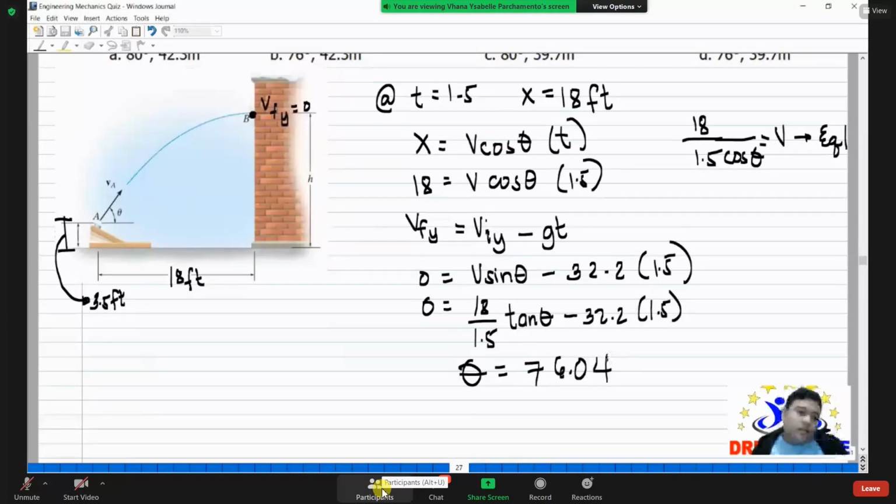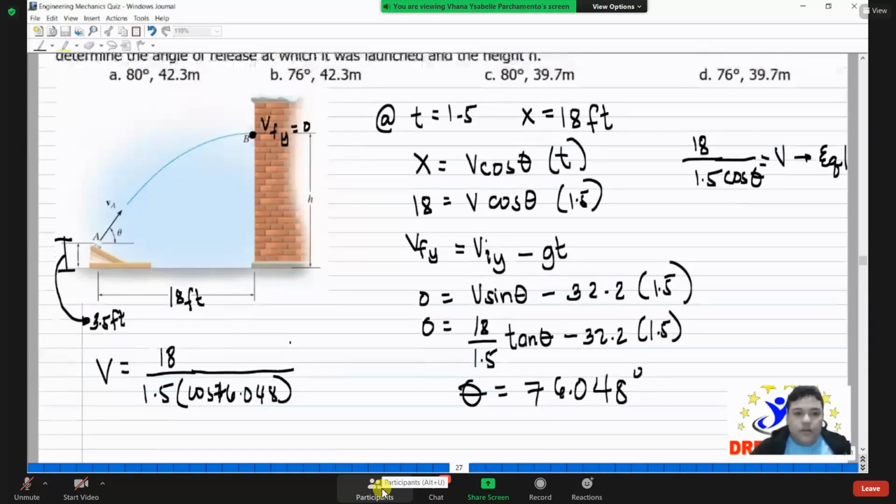Kumuha kasi siya sa other direction. Okay? So kunin natin yung V. So V is equal to 18 all over 1.5 times cosine ng ating angle na 76.048. Kukuha na natin yung velocity.